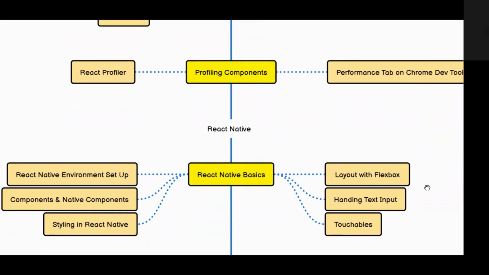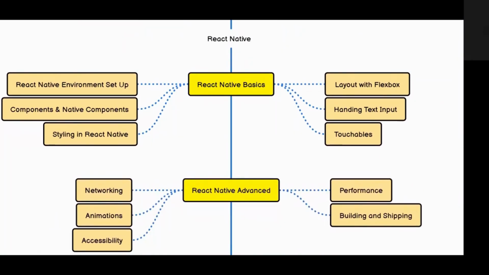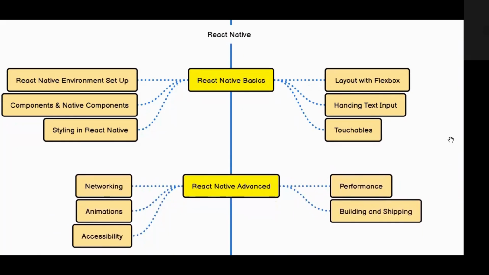And then what's the difference between a component and a native component, and how React Native styles work, all these things you should know if you're going to work with React Native. And then in React Native advanced, you should be aware of how animations work, and how accessibility, performance, building and shipping, and networking work with React Native.